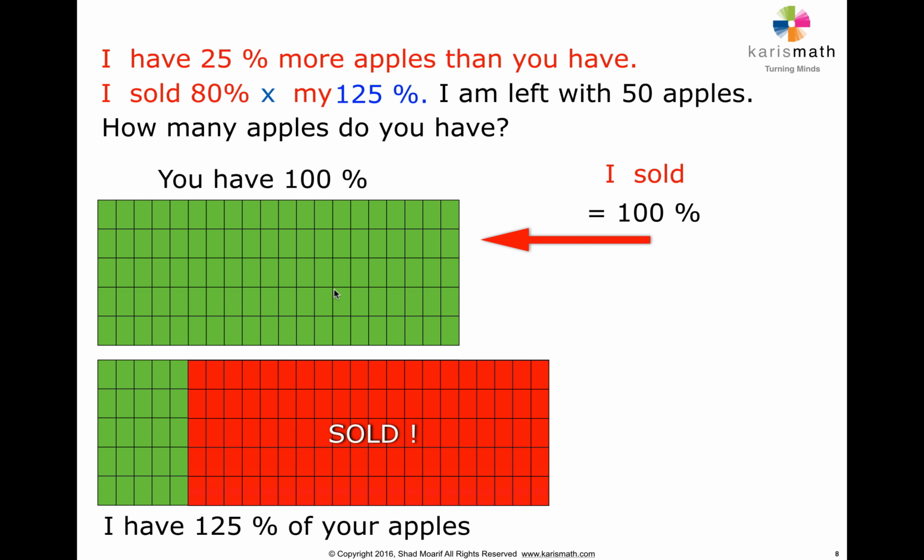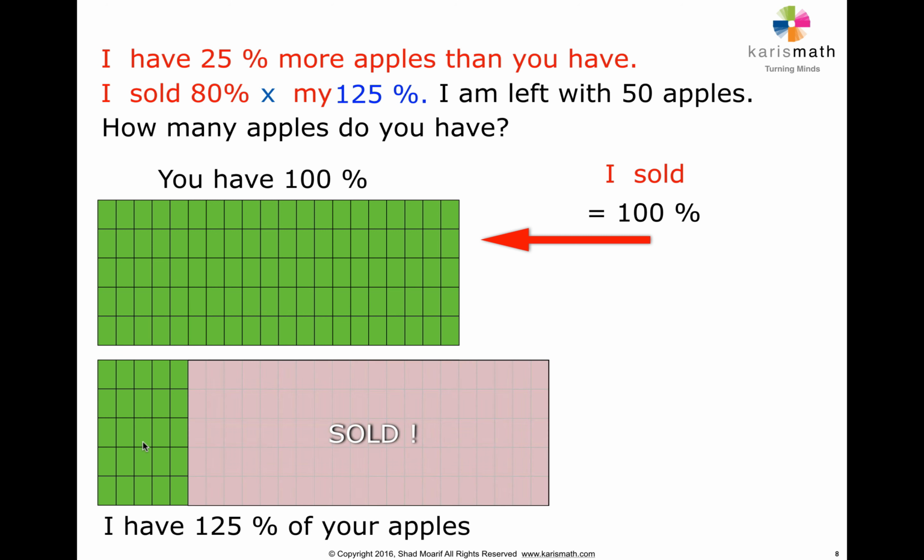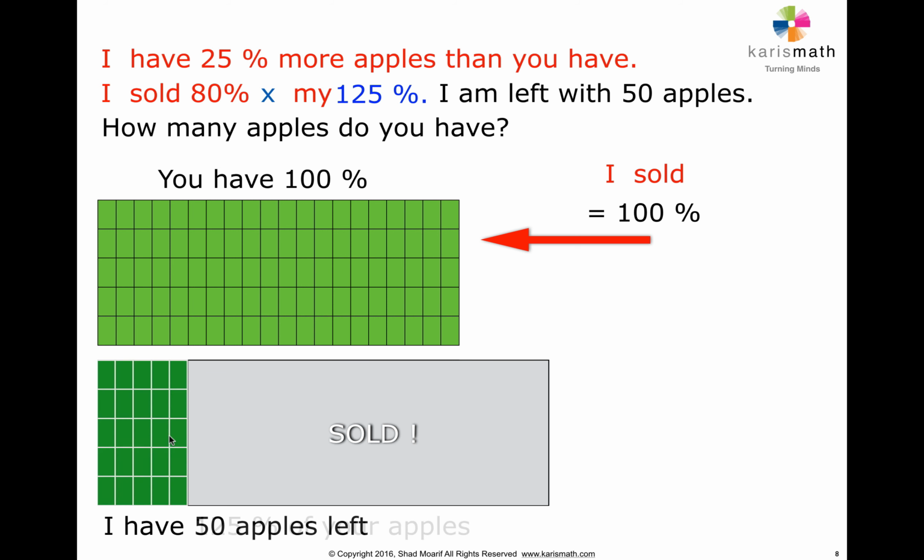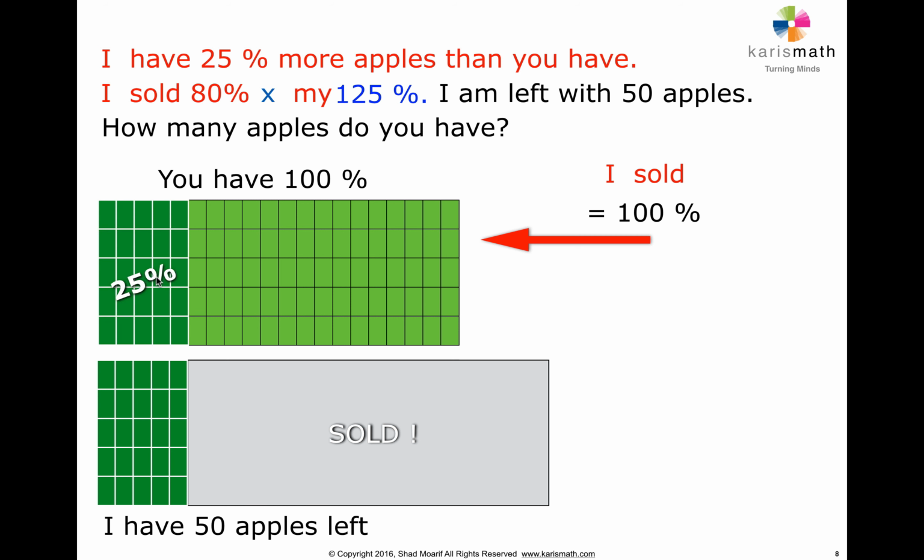So if I sold all of this, I'm left with this bit here. And this must be 1, 2, 3, 4, 5, and times 5. This is 25% of this. So what I'm left with happens to be 25% of your apples.